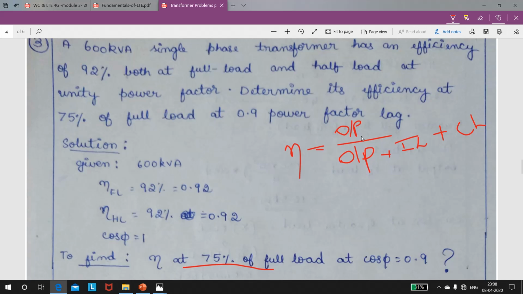So output at 75% of the load, this I have to calculate for 75%. Here again iron loss is constant, so no problem. This I have to calculate for 75%, and efficiency for 75%.